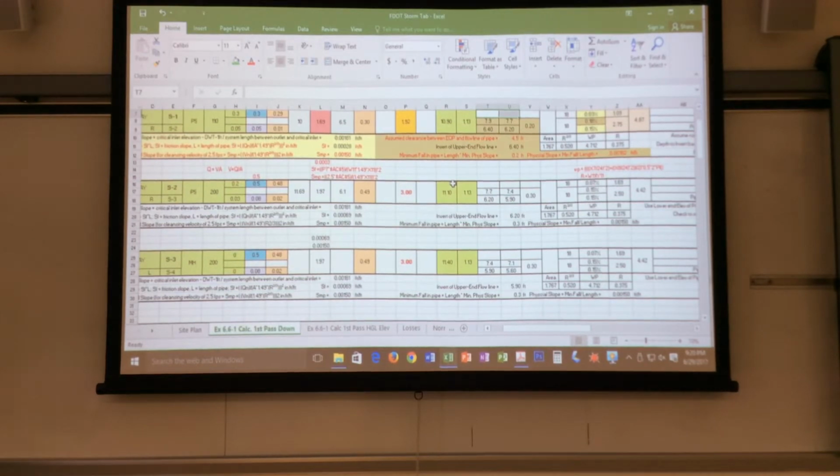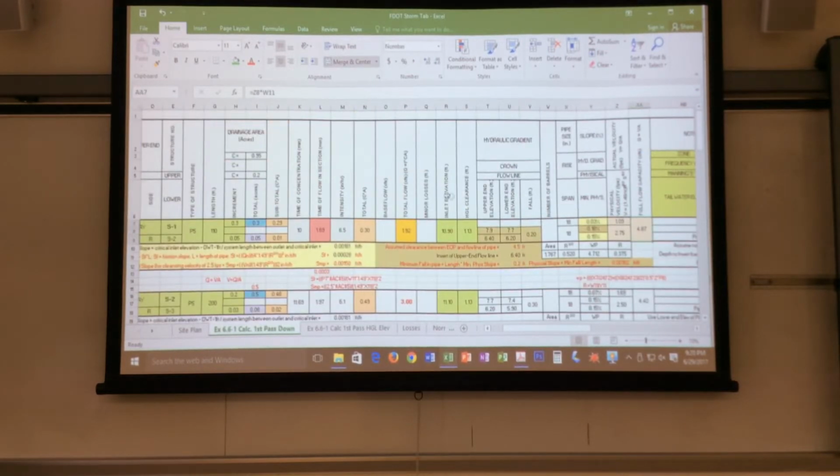I'm not sure how they arbitrarily picked 18, 18, and 24, because take a look at this. I have full flow, and its capacity, I can carry 4.87 CFS, and I only need to carry 1.92. Why do I have a pipe so large it's carrying so much flow?